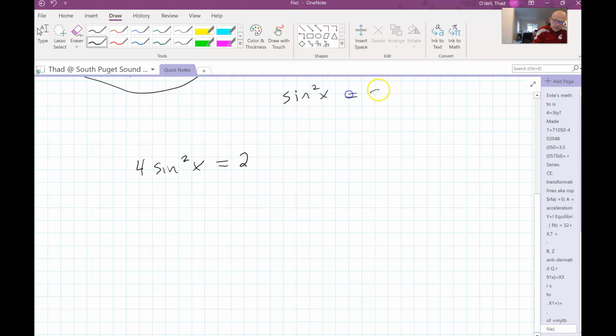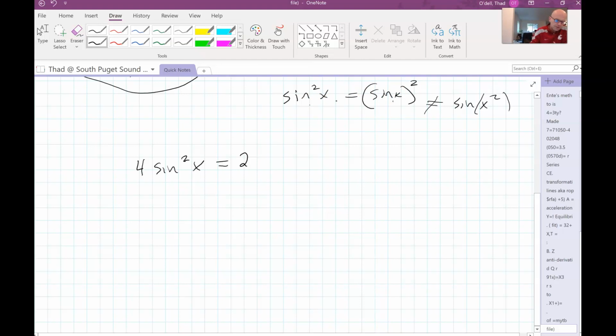That means sine the whole thing squared. We usually put it here just so we don't have to put parentheses around it, because if you didn't put parentheses around it, this would be confusing, right? You'd think it means sine of x squared, right? It would be confusing. So these are not equal. These two are the same thing. Okay?